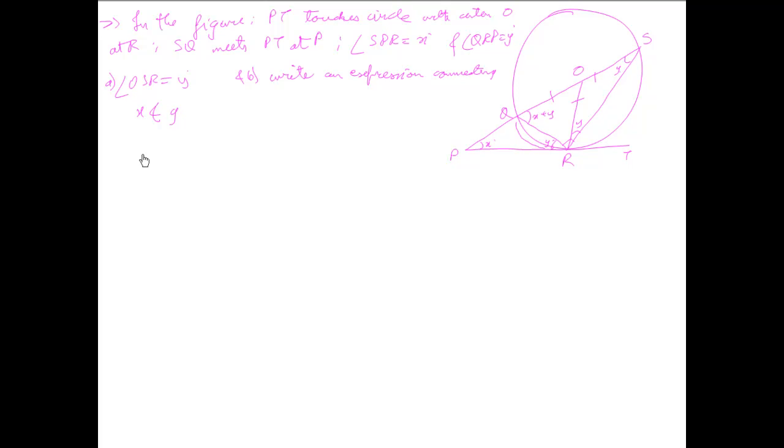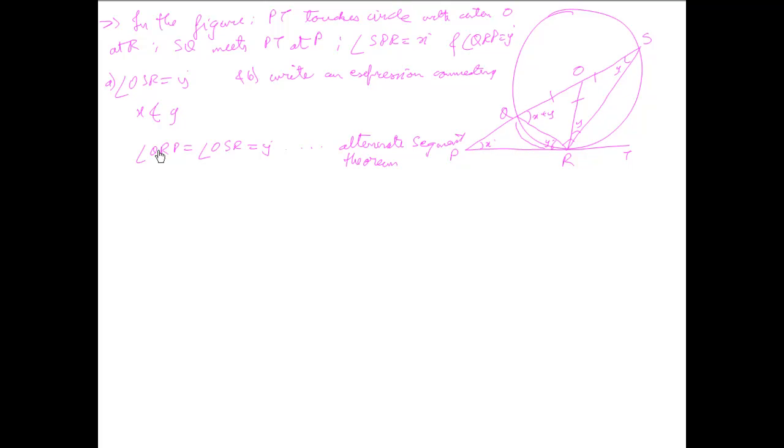So one by one. First children, angle QRP is equal to angle OSR is equal to Y degrees. Alternate segment theorem. Children, we applied it like this: tangent, chord, angle, segment, and the angle made by the circumference, they are equal.